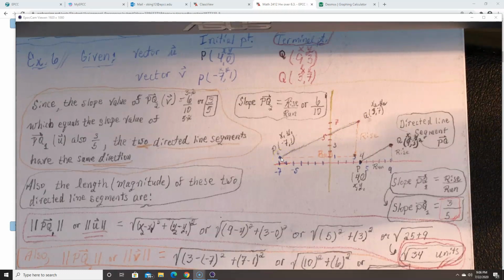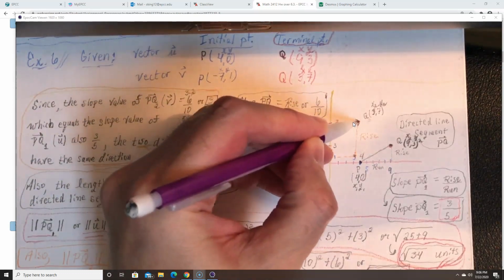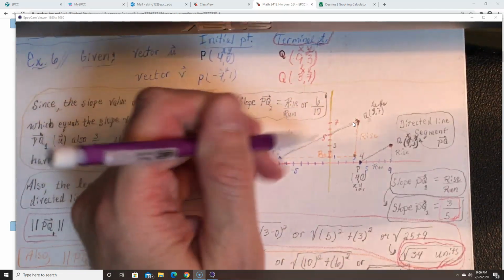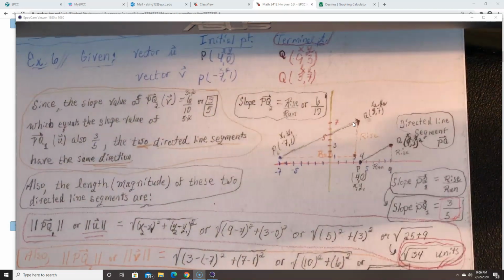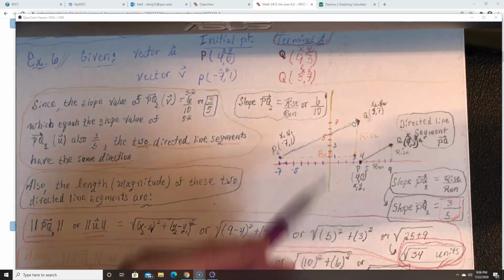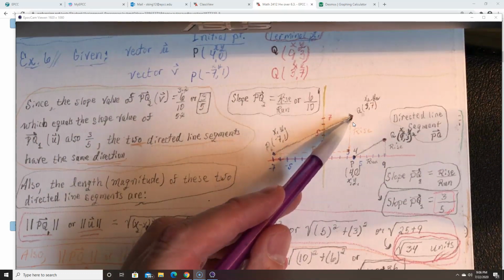Starting point, initial point, terminal point, which means you can put a little arrow there. That doesn't mean that this is a ray that goes on forever, because that's what that usually means. But when we're discussing vectors, it just tells us that this directed line segment is a vector, which means it does end right here, and here's the terminal point.